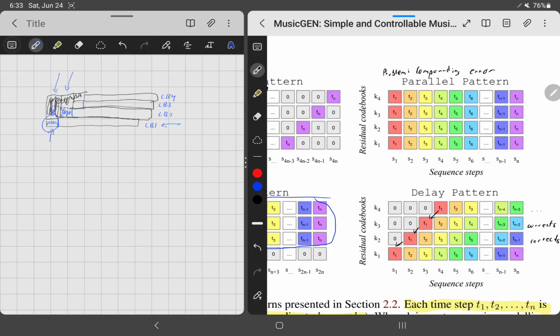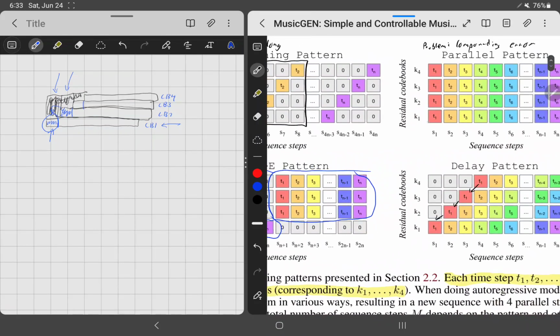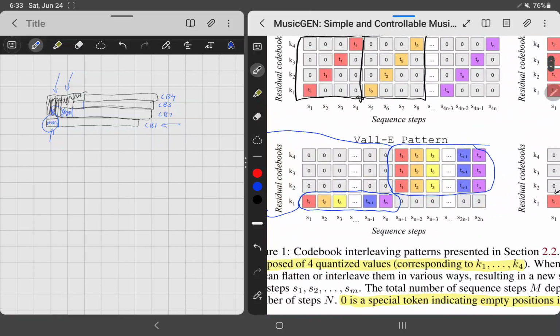But in the transformer, it's in a continuous space, and the second codebook's generated output doesn't know the error of the first codebook. Then this modeling strategy isn't going to do very well, and the error compounds and so on. The whole point of the codebooks is so they can fix each other. So this one doesn't do very well.